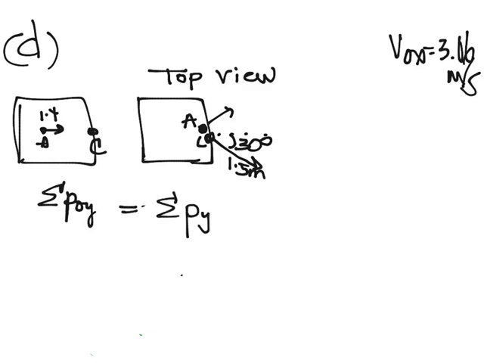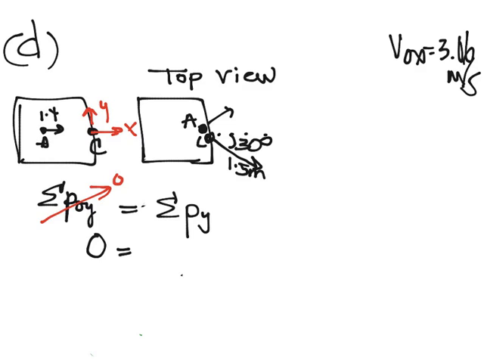Because nothing is happening in the y direction, and I'm making this my y and this my x. Nothing's happening in the y direction at the beginning, so the total y momentum is 0.